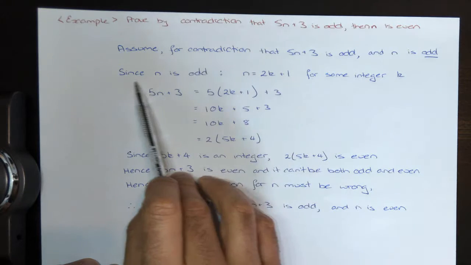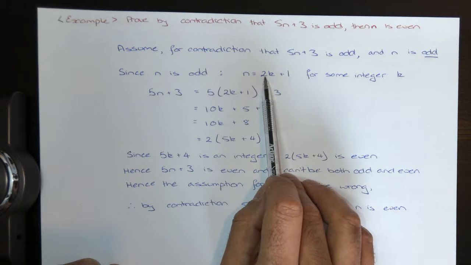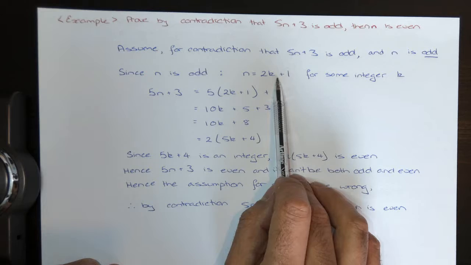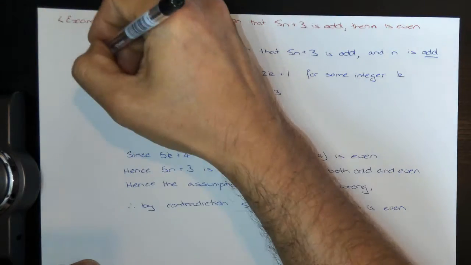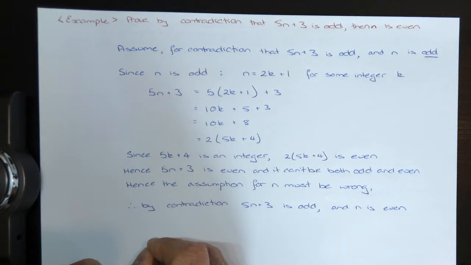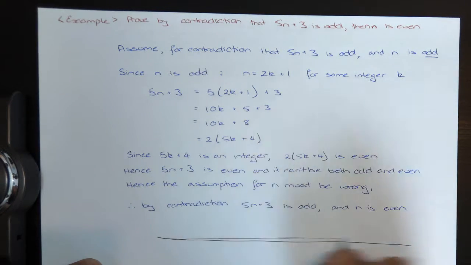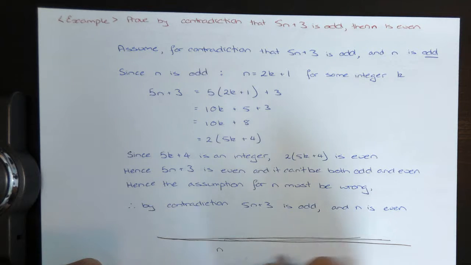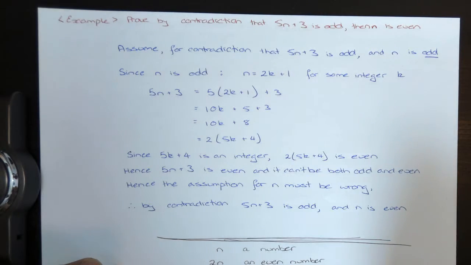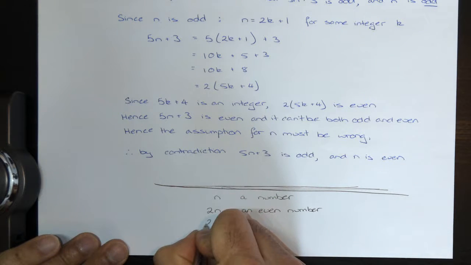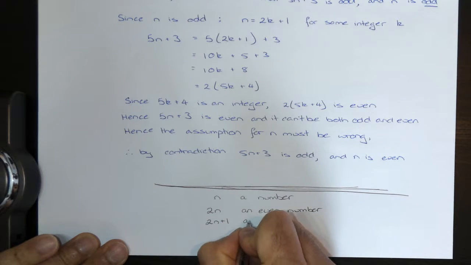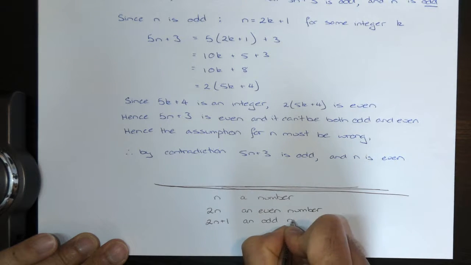Since n is odd, n has to be equal to 2k plus 1. Some things you might want to understand: n means a number, 2n means an even number because it's divisible by 2, and 2n plus 1 is an odd number.